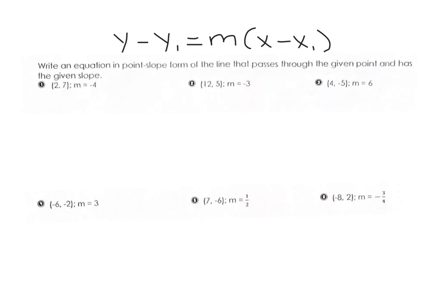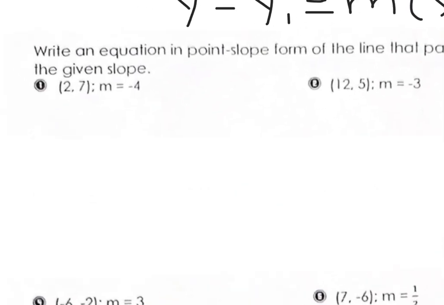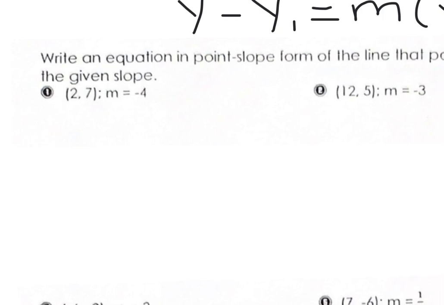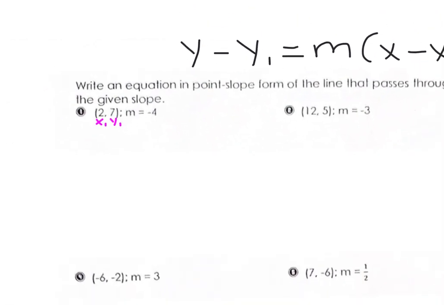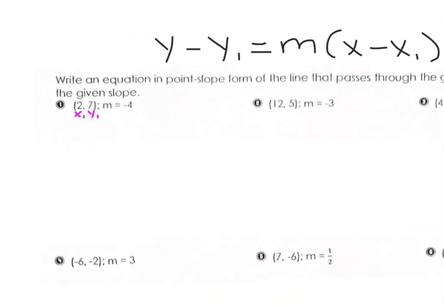So taking a look at our first example here, we have our ordered pair. So this is our x1, y1, and then we have our slope of -4. So when we write down our point-slope form, y minus y1 equals m times the quantity of x minus x1, all we're going to simply do is plug in our ordered pair, our slope, and our x1.